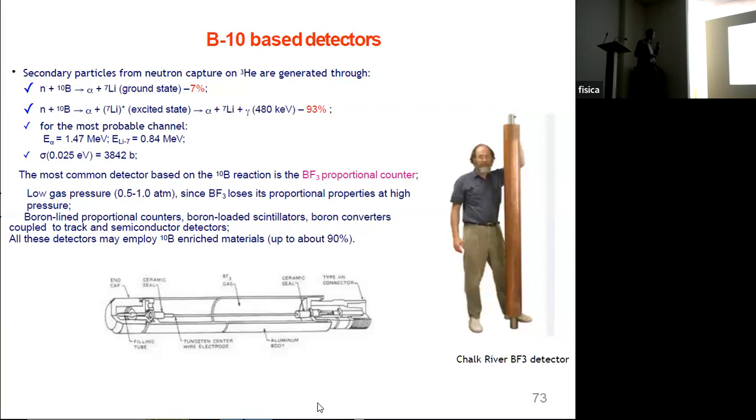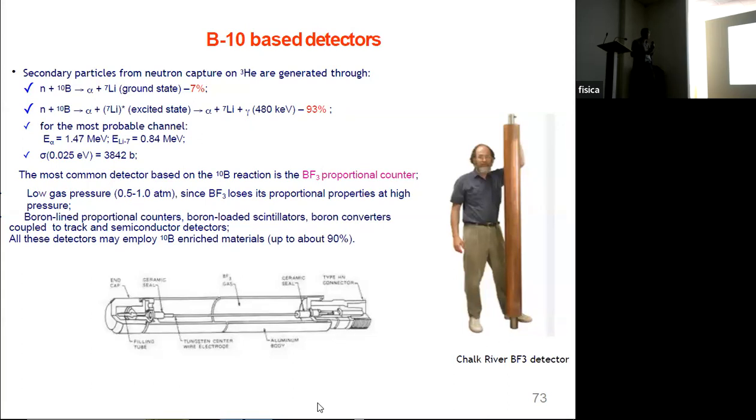And there are other ways to use boron as a neutron absorber in proportional counters. Sometimes you can load scintillators with boron and absorb neutrons there as well. Sometimes you can even have boron converters which are coupled to semiconductor detectors.